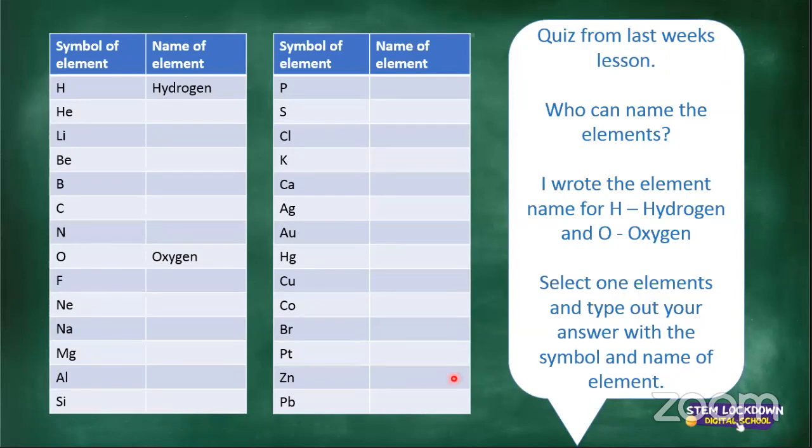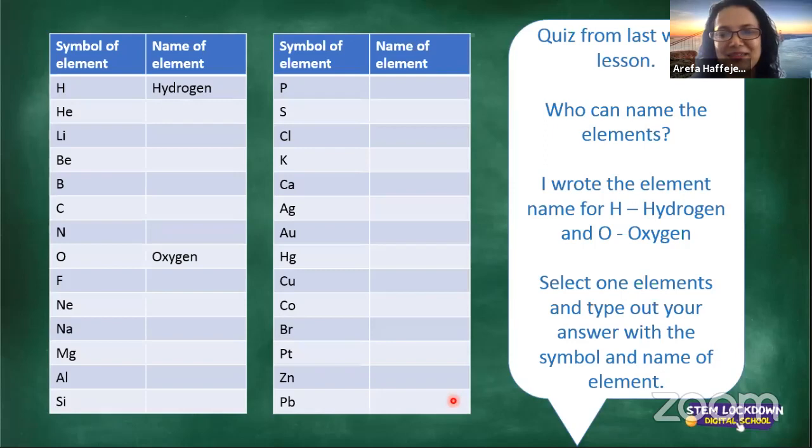Yes. Zn is for zinc. And Pb is iron. Lead. Oh, very well done. I'm very proud of you. So we're going to continue. And for all of you that have learned this, I'm very, very proud of you.